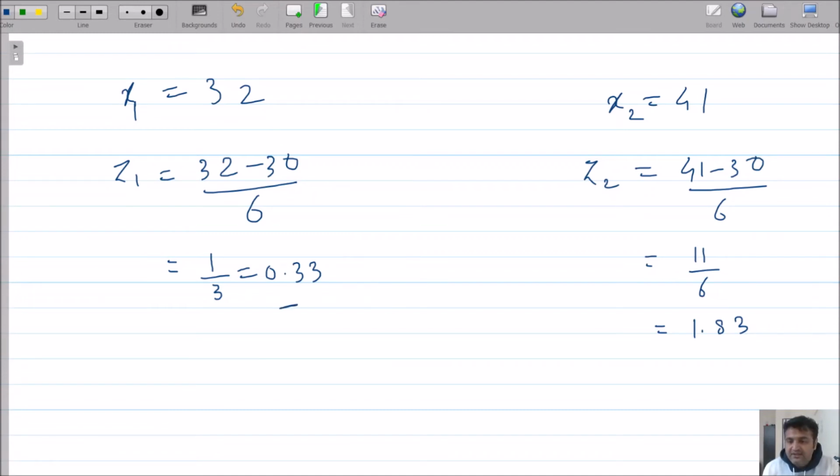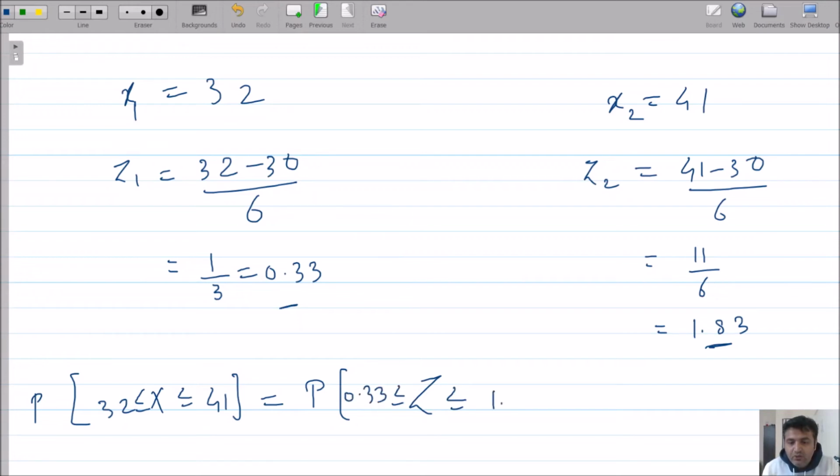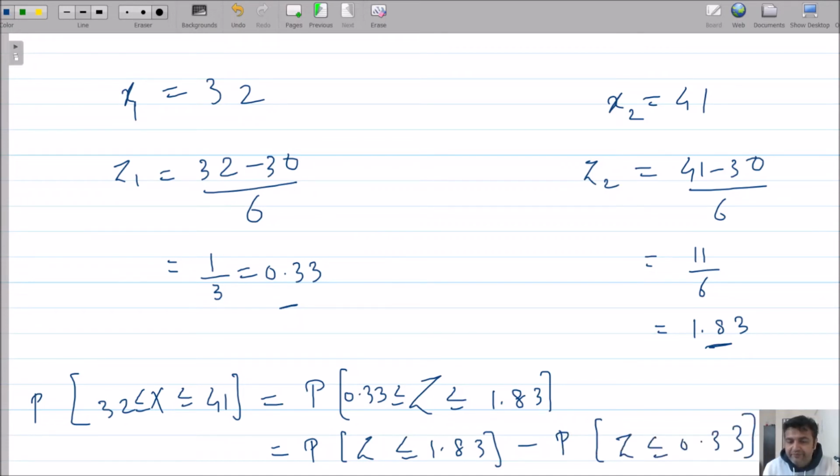Therefore the probability that x takes a value from 32 to 41 is the same as the probability that z takes a value between 0.33 and 1.83. I'm not going to solve this; it is nothing but the probability of z less than or equal to 1.83 minus the probability of z less than or equal to 0.33. You simply solve this from the table and you get your answer. So that's how we are supposed to solve the third part.